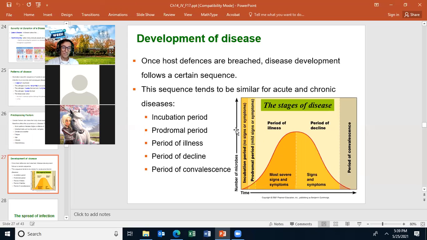On the y-axis we have the number of infective organisms in the patient, and along with the number of infective agents, we can also put on the y-axis the intensity of the signs and symptoms of disease, because usually when the patient has more infective agents, they will have more severe signs and symptoms. Any question about any of that?